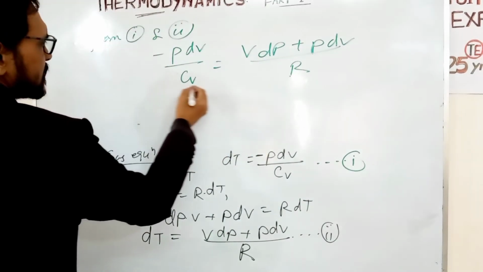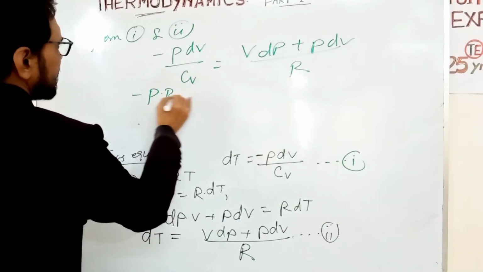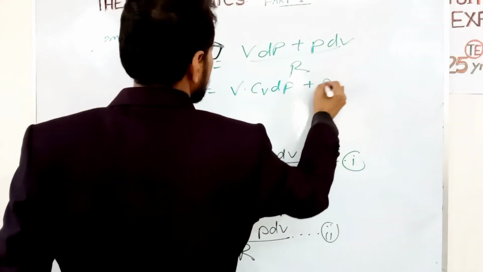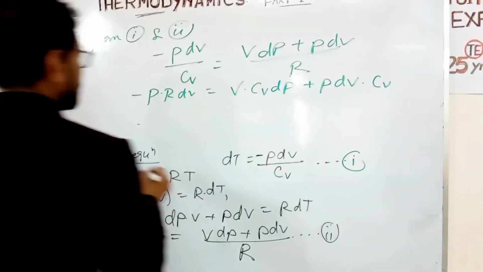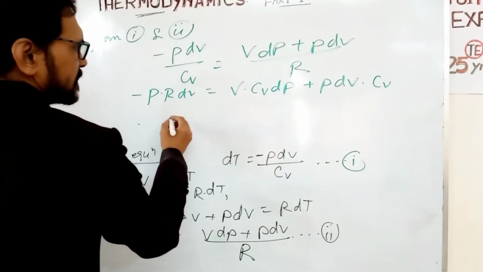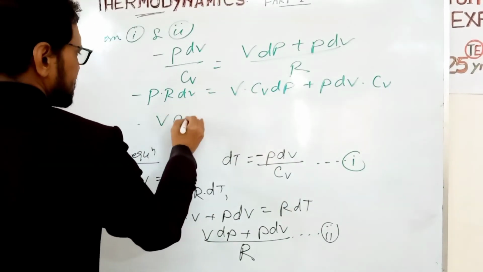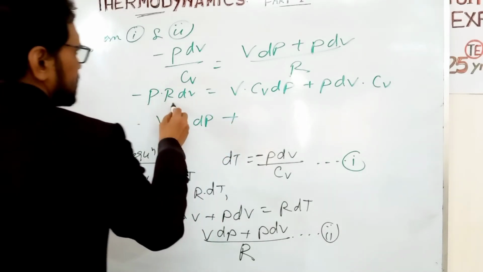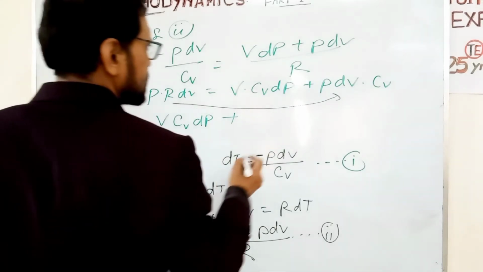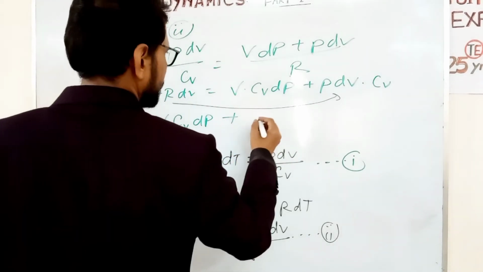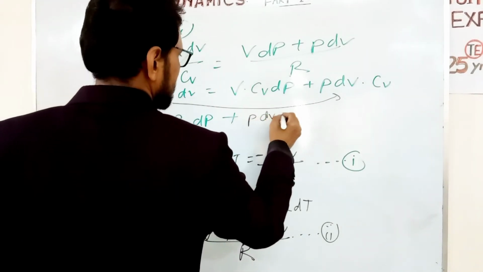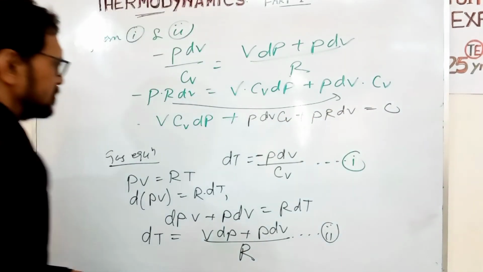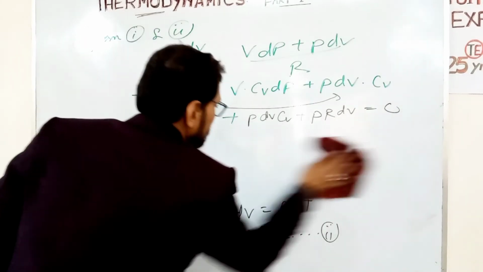Now cross multiply: minus P R dV equal to V Cv dP plus P dV into Cv. Shifting terms, V Cv dP plus P dV Cv plus P R dV equal to 0.